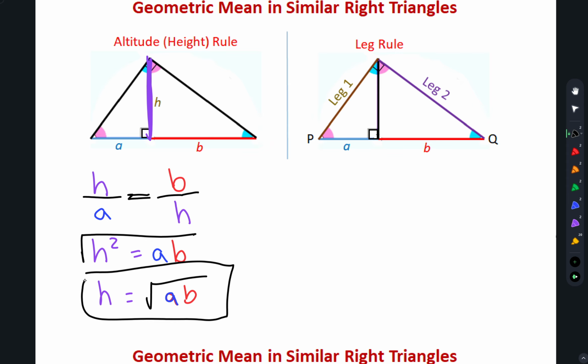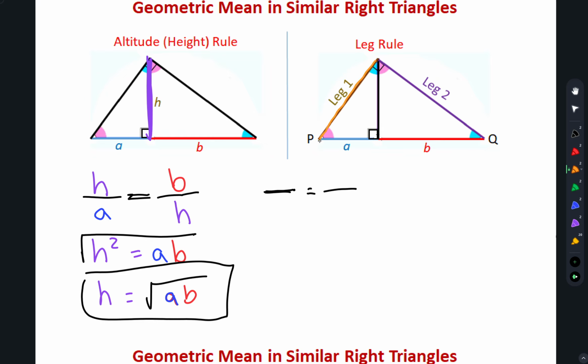The second rule that we're going to talk about really briefly is the leg rule. So if our diagram looks like this and we have one of the two legs of my triangle, either the short leg or my long leg, and then we have the hypotenuse split into two parts, then we can use this same idea of setting up our proportion and then getting to more of a formula that we can choose to use.